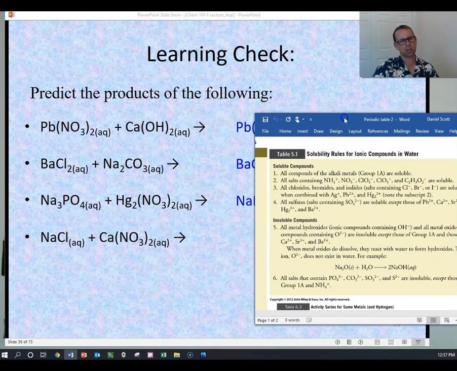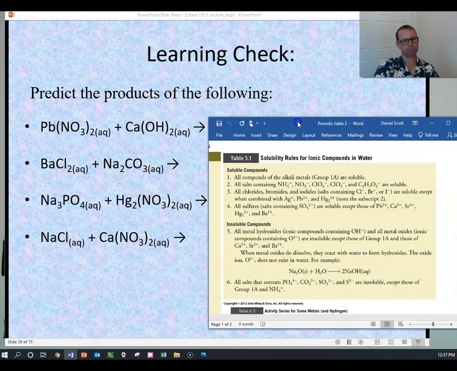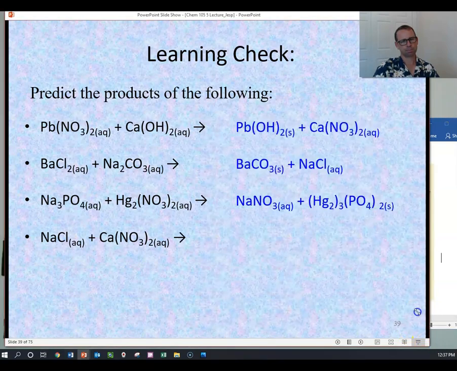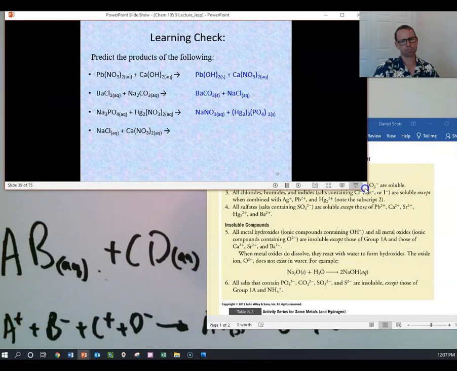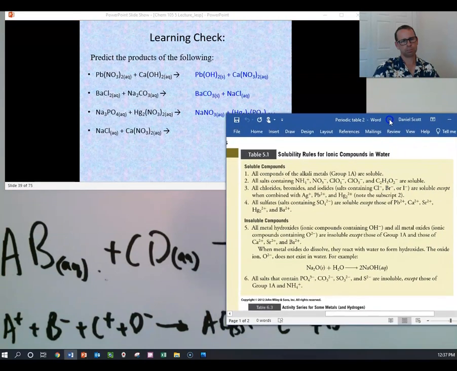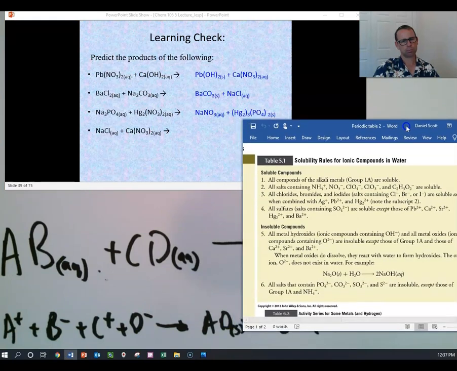Very good. So what about the calcium chloride? That's going to be a precipitate. Wait, one second. Going to check. Number 3. It says all of them with chlorine are soluble.